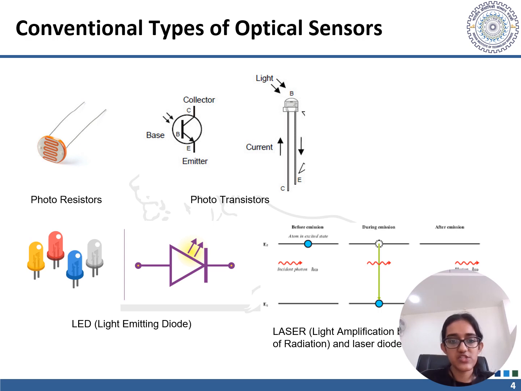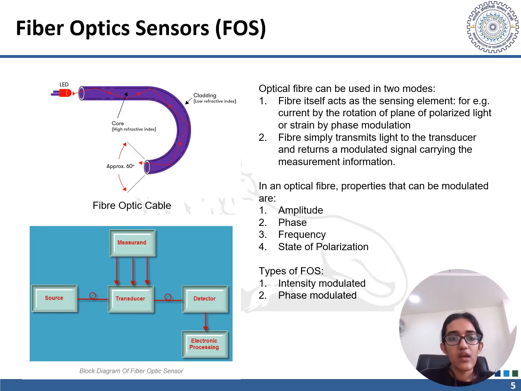So these were your conventional types of sensors. Next, we'll talk about fiber optic sensors, which are much more in use nowadays and are very useful for reasons which we'll see later. I'm sure you would have heard about a fiber optic cable. Basically, you have two materials. On the outside, you have a material of lower refractive index, and on the inside, the core, it's made of higher refractive index.